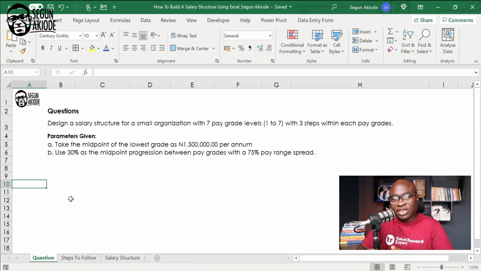The question we're dealing with today is: design a salary structure for a small organization with 7 pay grades. So we're looking at 7 pay grades, 1 to 7, with 3 steps within each pay grade. Now let me simplify what this means.